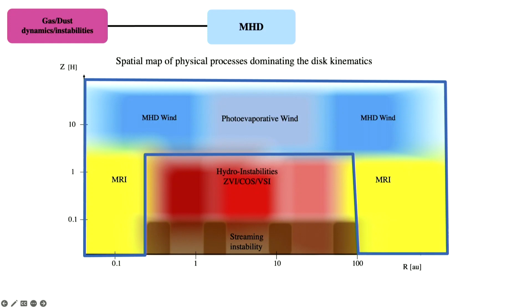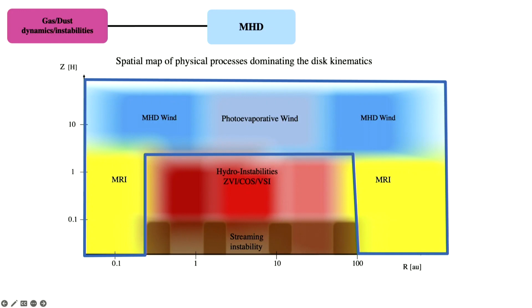The first important regime is the MHD regime here, which covers the magnetorotational instability at the midplane layers, MHD-driven winds, and photoevaporation-driven winds. In this middle part, you see the non-ideal MHD regime, or the case where the magnetic fields decouple from the gas. So I will first focus on the MHD part.